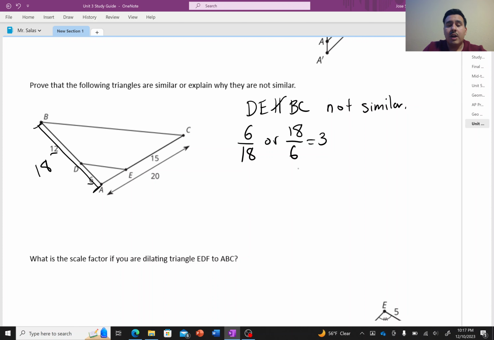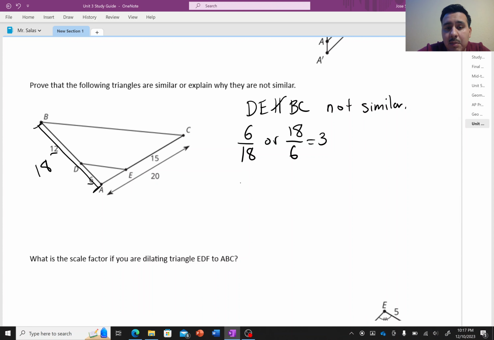In order for me to prove that this triangle is not similar, I would have to prove that this side is not equal to 3 when I take the scale factor. If it is not equal to 3, that means we have a problem here. They tell us that the entire side AC is 20.